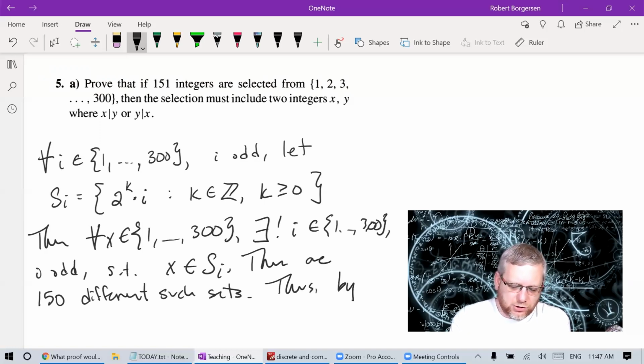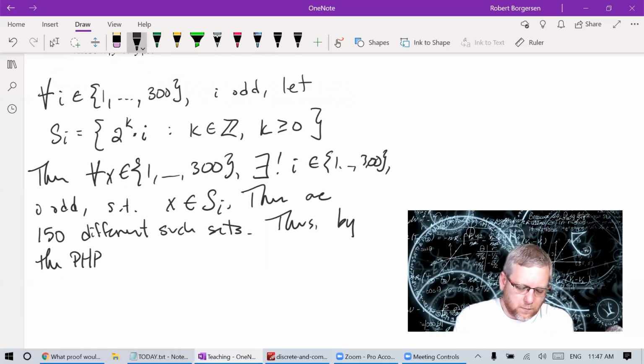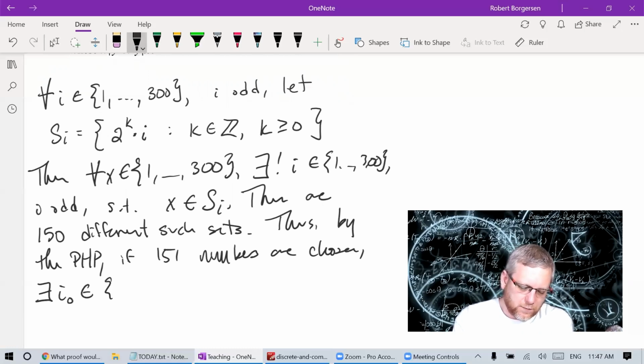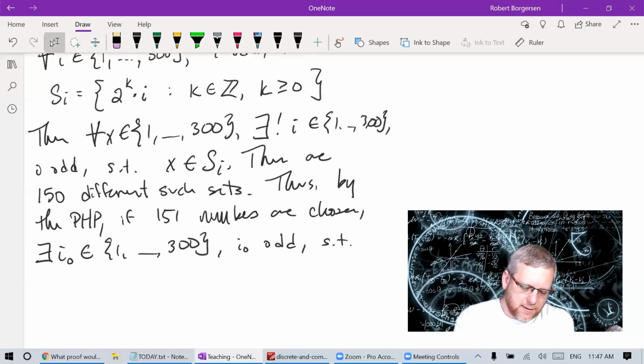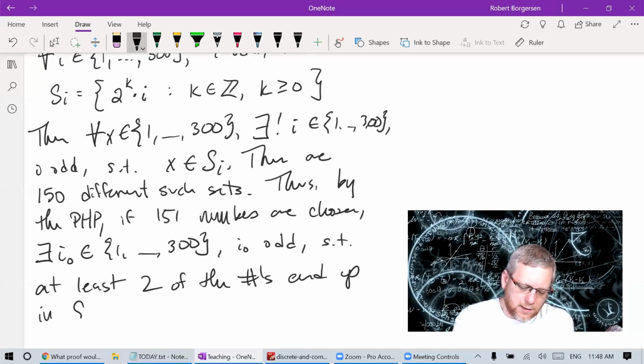Thus, by the pigeonhole principle, if 151 numbers are chosen, there must exist some I, I'll maybe call it I0 as a fixed number, 1 to 300, I0 odd, such that at least two of the numbers end up in SI0.